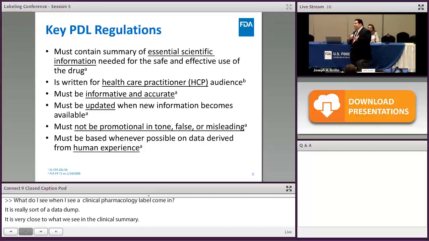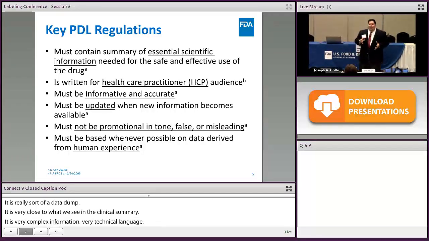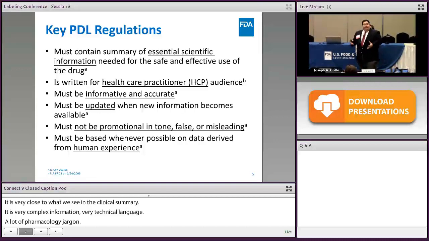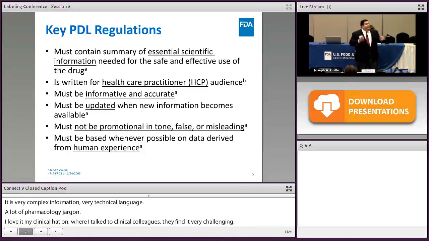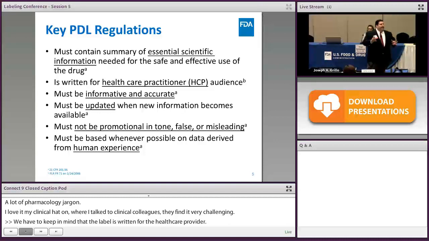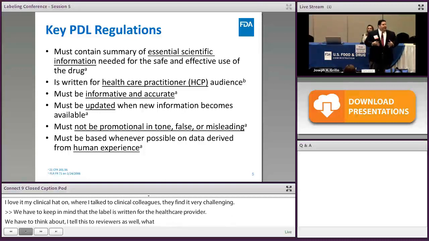I'm a clinical pharmacologist, but when I put my clinical hat on, or I talk to some of my clinical colleagues who came to us more recently from practice, they find it very challenging. So we have to keep in mind that the label is written for the healthcare provider. And I tell this to reviewers as well, we really have to think about what information I need as a regulatory officer to make regulatory decisions versus what information a healthcare provider needs to make prescribing decisions.